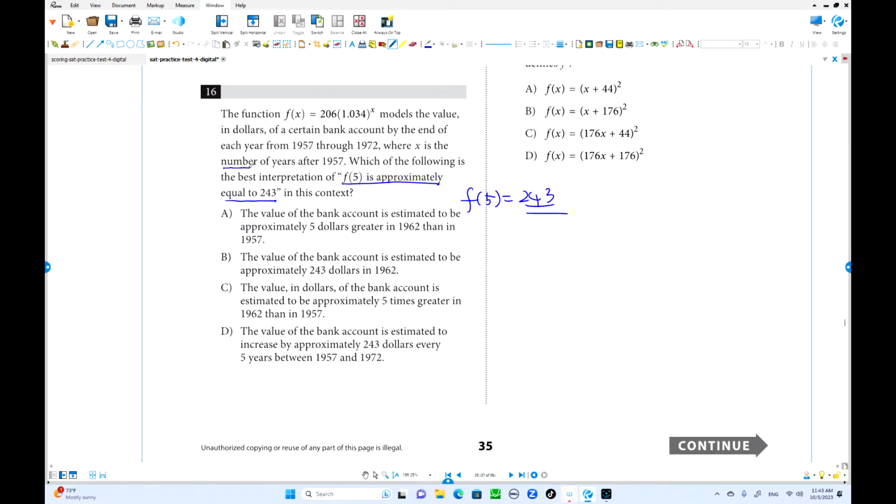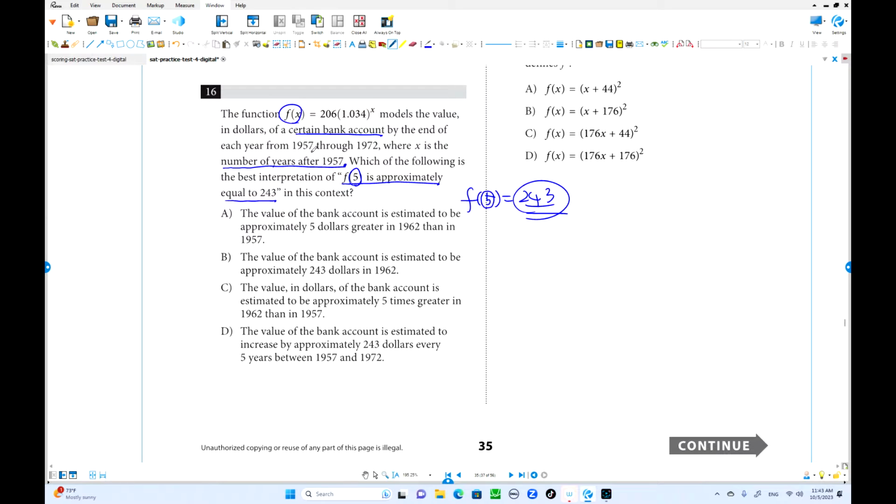X equals the number of years. So after 5 years, f of x is, what is that? The bank account balance. In his bank account after 5 years, it is $243. So which one is equal to this one? After 5 is over here.